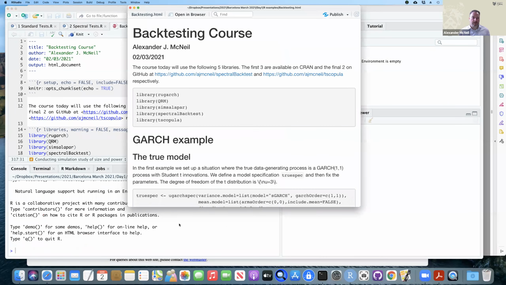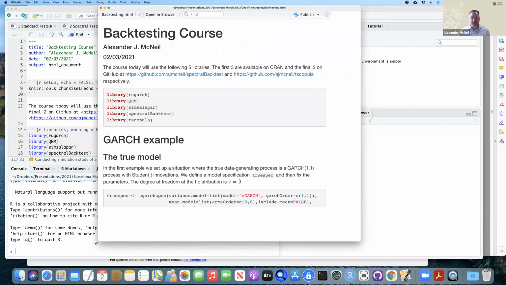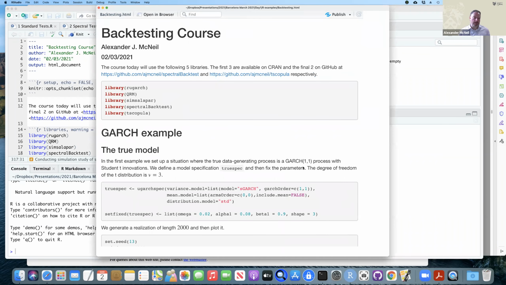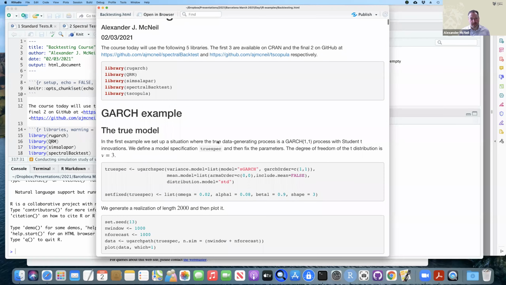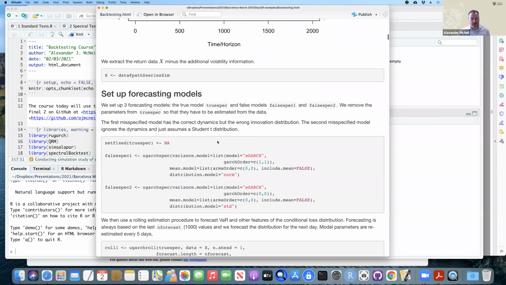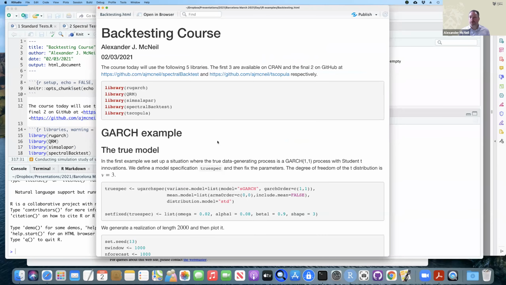But what you'll get is an HTML script that will open in a browser, and you'll see what I'm going to do today, including the pictures that will be generated and all the commands. And so you'll have a record of what I've done. It will take longer to generate than it has for me because I already ran it once and I cached the results. The first time you run it, it will be a bit slow. The second time it would be fast.